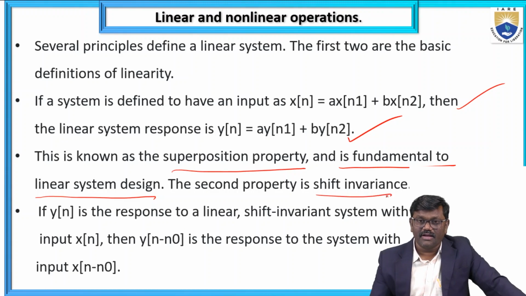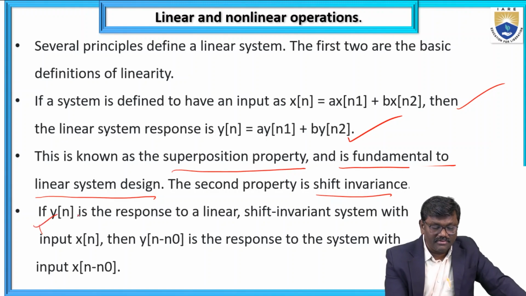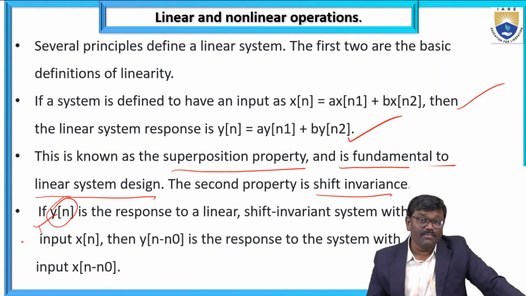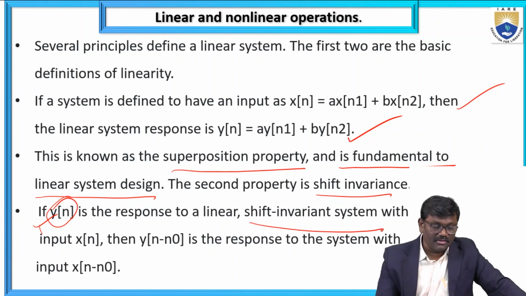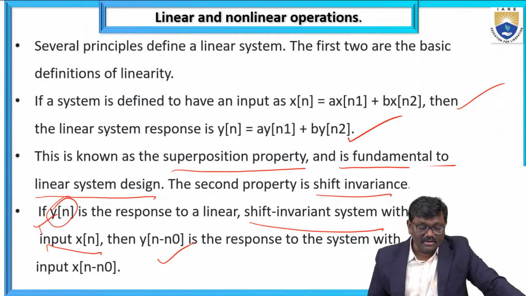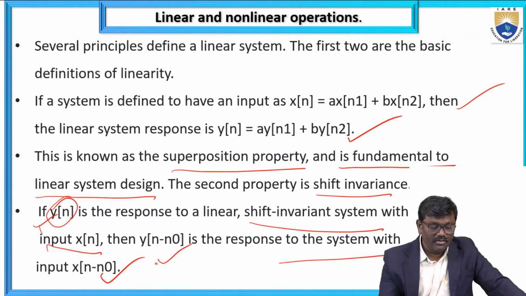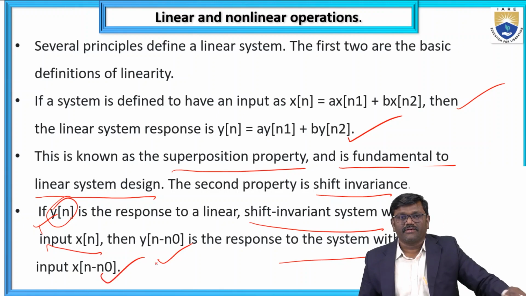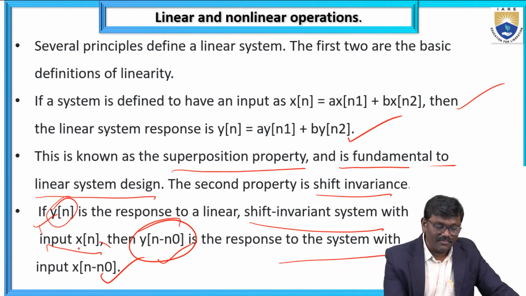Secondly, we may concentrate on shift invariance. If you consider y of n is the response, that is the output of the linear image processing based on the shift invariant system with input x of n, then you get y of n minus n naught as the response of the system to the input x of n minus n naught.